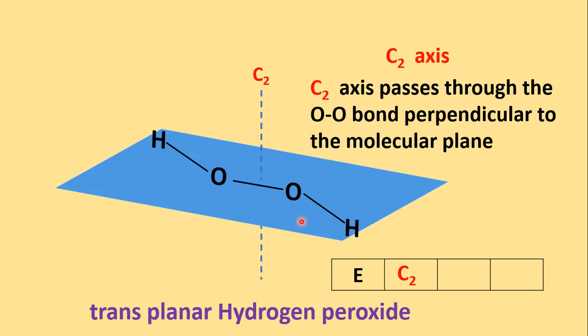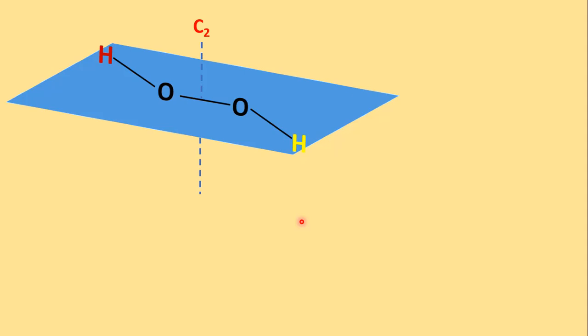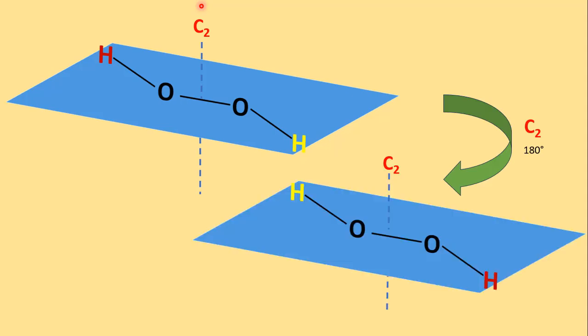We will try to understand the C2 rotation. We have colored the two hydrogen atoms differently. This is colored yellow, the other hydrogen atom is colored brown. C2 is a rotation of 180 degrees, and when you rotate it through 180 degrees, the hydrogen atoms are interchanged.